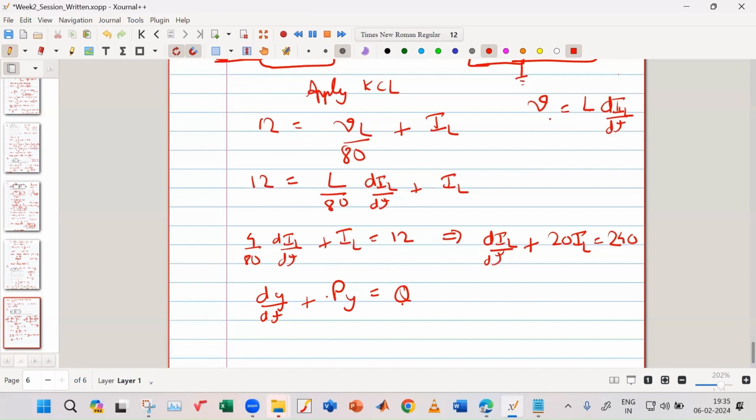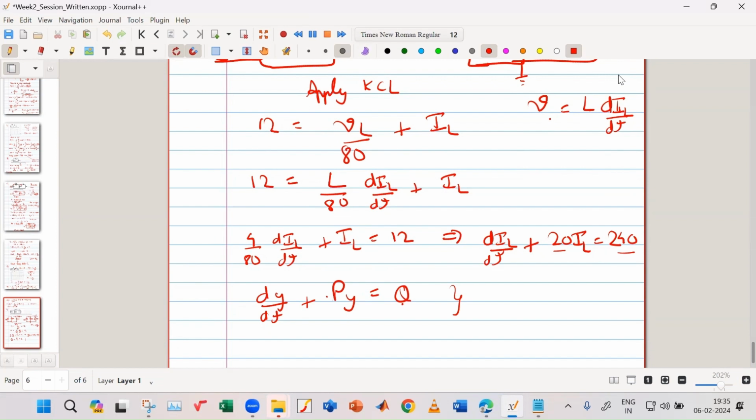In our case it is just a constant. Have you guys learned about this or is this new? Yes, sir. So using this, you have to solve this differential equation.